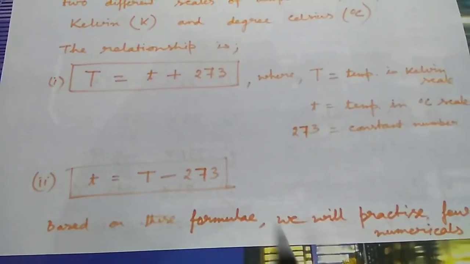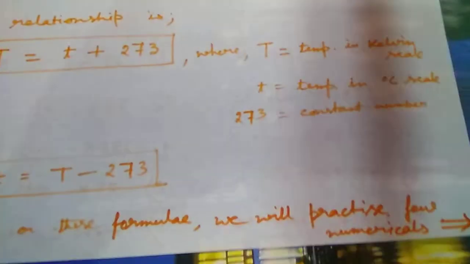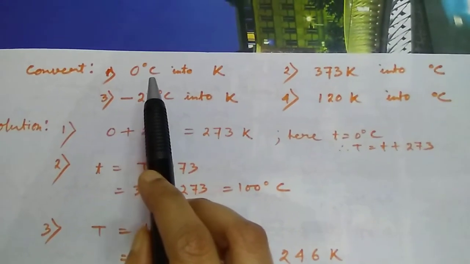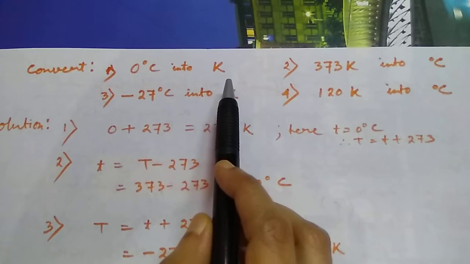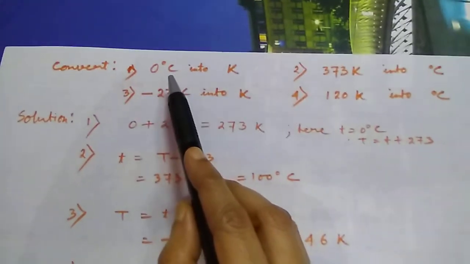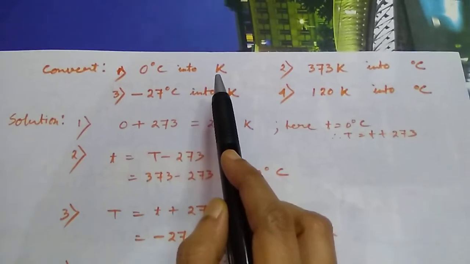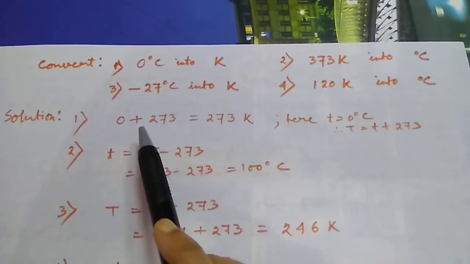Now based on these formulas, we'll practice a few numericals. First, 0 degree Celsius we want to convert into Kelvin. That means the temperature is given in degree Celsius. To convert it into Kelvin, we have to add 273.